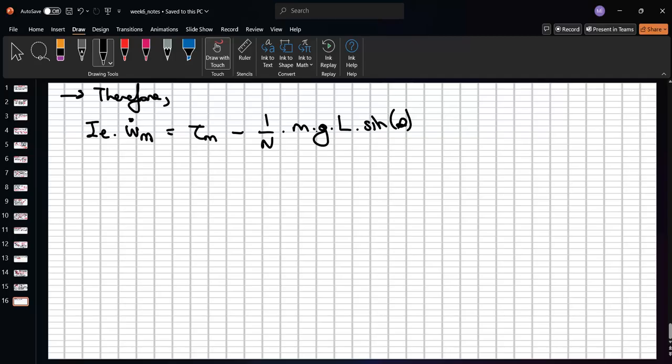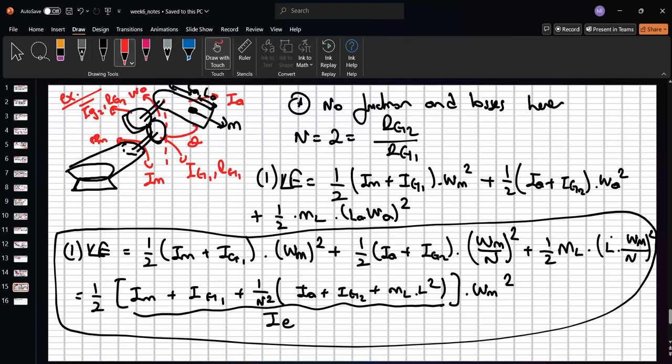Where is it coming from? Yes, potential energy, it's coming from this one. Just remember that: mg L sin theta, just like the pendulum one. This robot arm has the same equation form as the previous one.